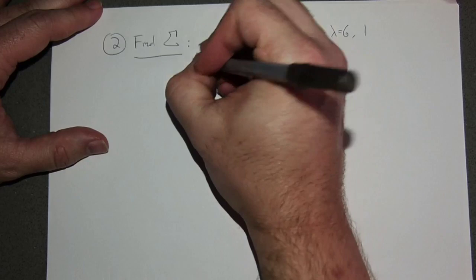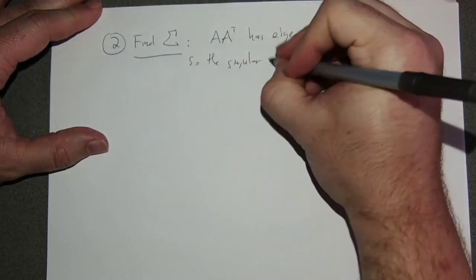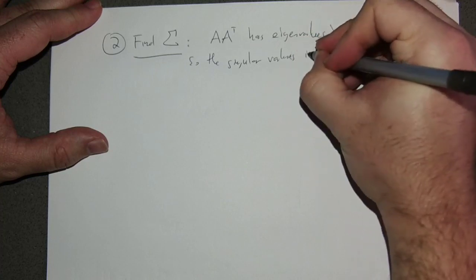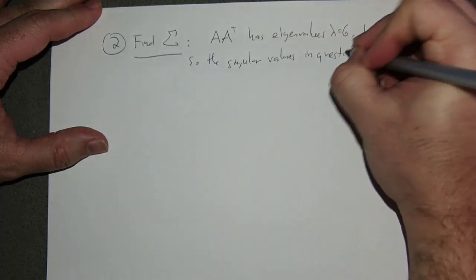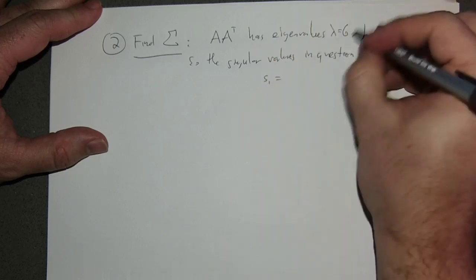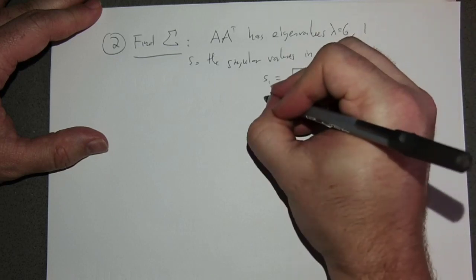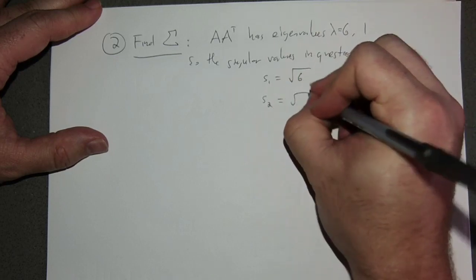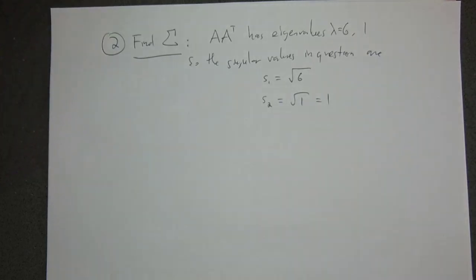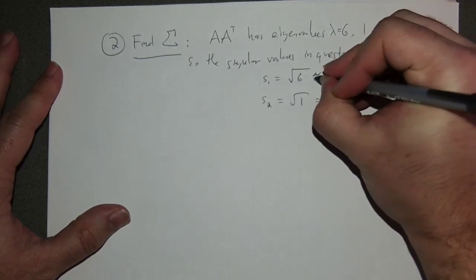So the singular values in question are s sub 1, which is the square root of 6, and s sub 2, which is the square root of 1, or 1. The square root of 6 we'll say is approximately 2.45.